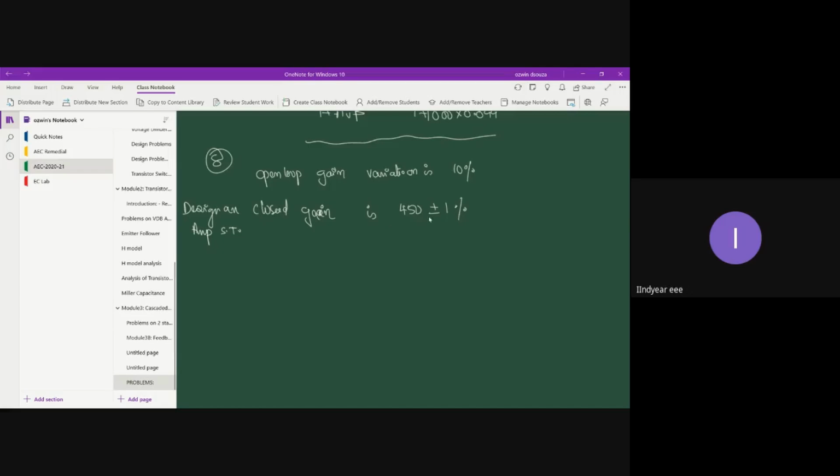That means 450 should be the gain and the maximum permissible variation is just plus or minus 1%. Find the value of open loop gain of the amplifier and feedback factor. So find the value of open loop gain A and feedback factor beta. This is what you are supposed to find. Solution.